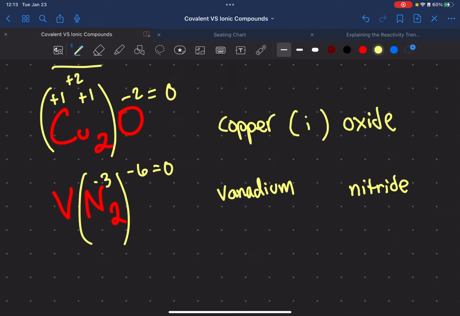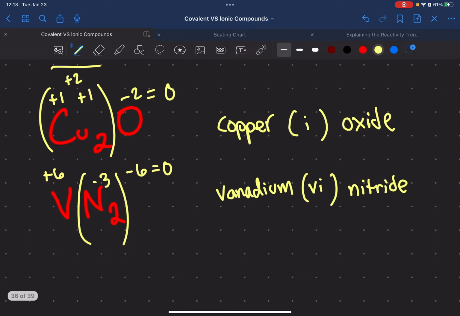And if that's going to add up to 0, then yes, we do need a +6 charge on that vanadium. Yes, vanadium can lose 6 electrons to get a +6 charge. It's one of the highest charged ones that I know of. And so it'll be vanadium 6 nitride, and that's how we write Roman numeral 6.